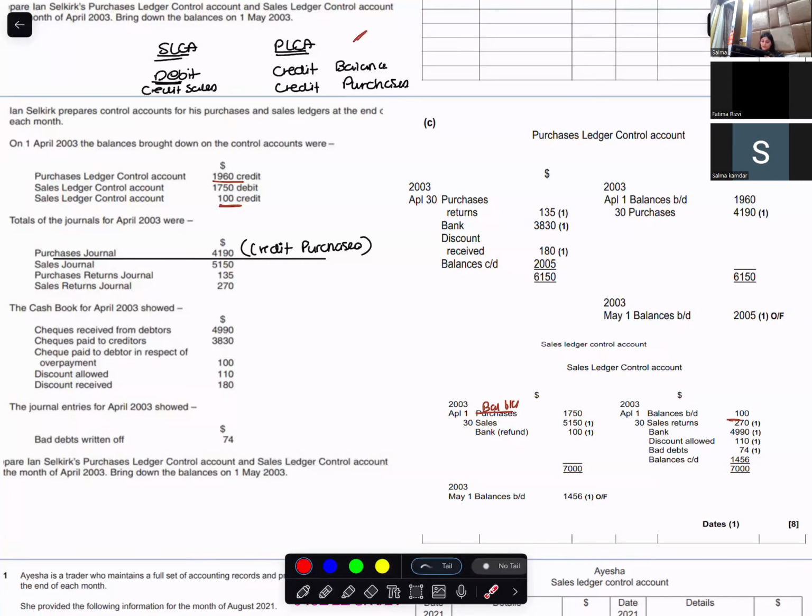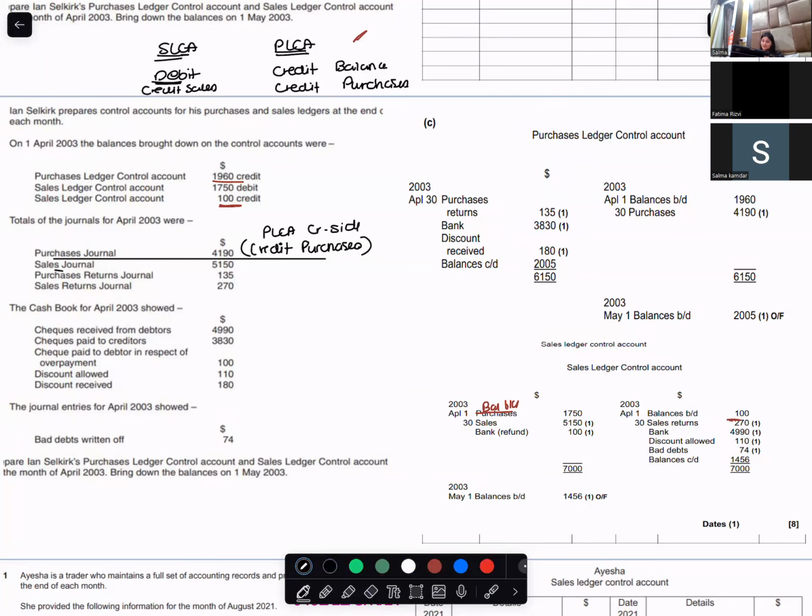Okay. So this sale purchase journal, credit purchases will come where? In the PLCA. Which side? Below. In the credit side. You with me? Okay. So this will come in PLCA credit side.